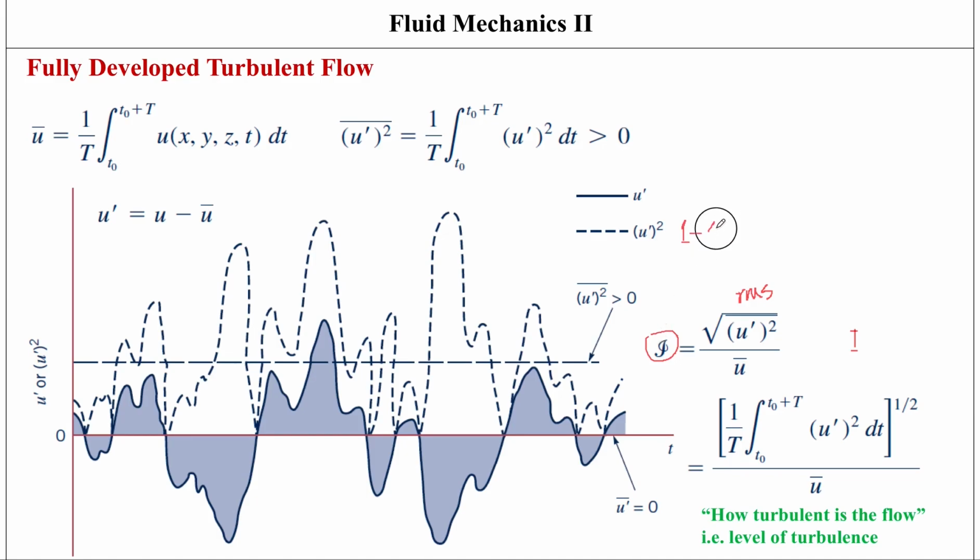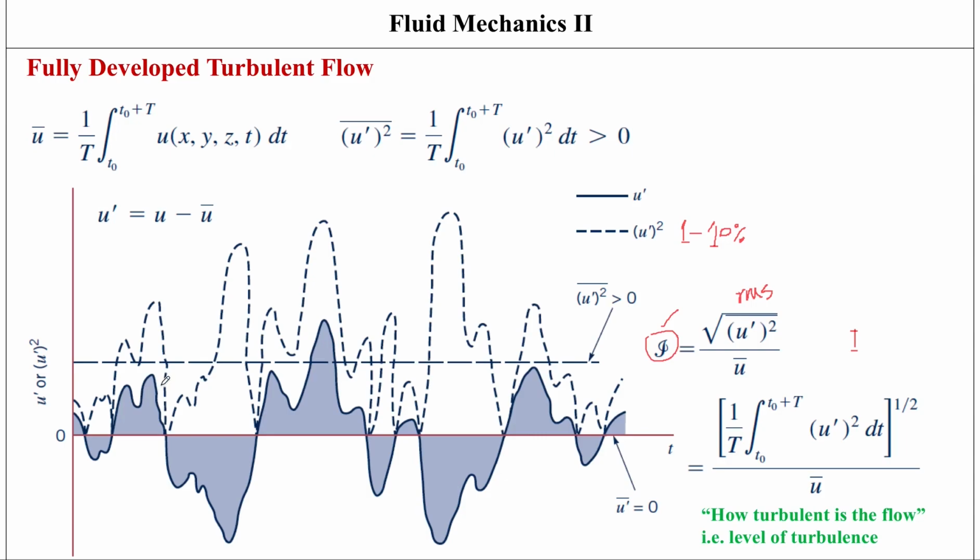The lower the value of turbulence intensity is, the lower the fluctuations of the velocity are. And the higher the turbulence intensity is going to be, the larger are going to be the fluctuations in this velocity, okay? And that means in other flow parameters too, in terms of pressure head or flow rate and stuff.